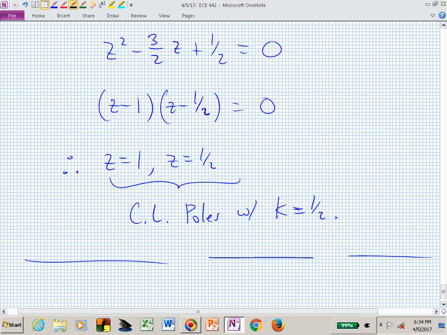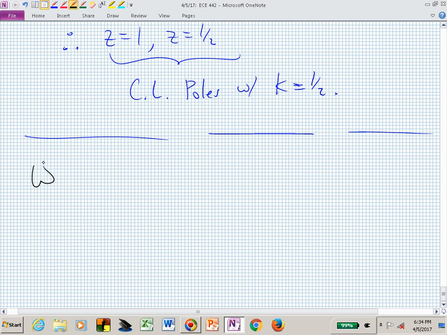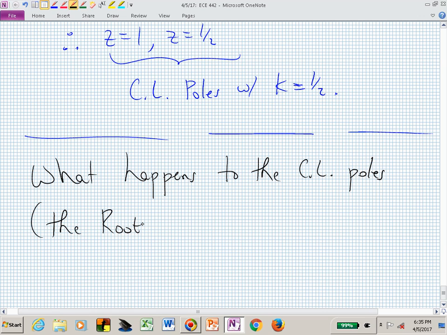What happens if we crank up k beyond 1/2? We know what's going to happen because we've already sketched the root locus. That's what our closed loop poles are going to do, but let's see how we can analytically determine some of that information. What happens to the closed loop poles as k continues to increase, which is really just telling us what's happening with our root locus?